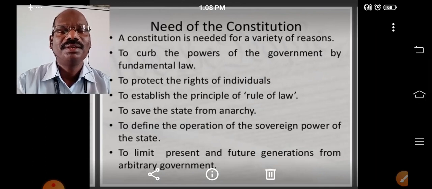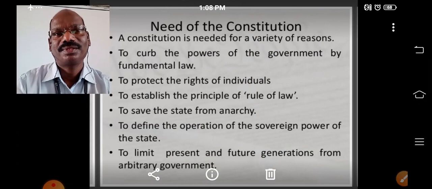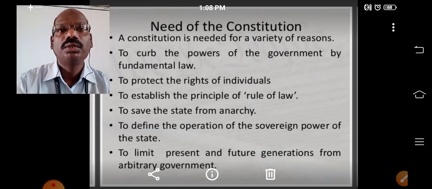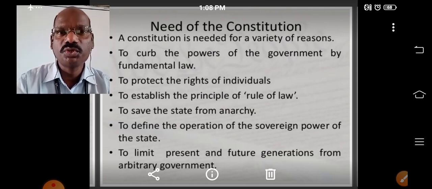Next, why do we need a constitution? We need a constitution to curb the powers of the government, to control the powers of the government, and to give some powers to the government.